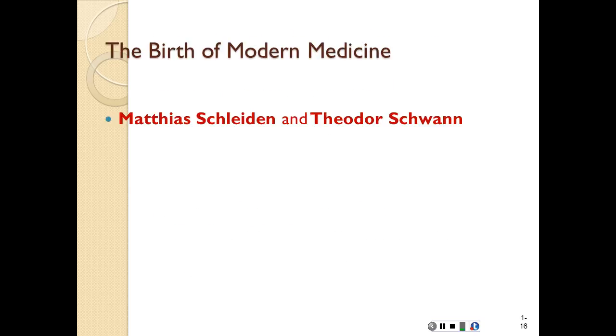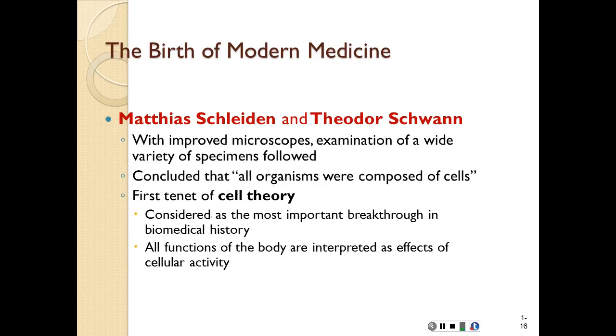We have Schleiden and Schwann. They also helped improve the microscopes and the examination. They helped with ensuring that we had a wide variety of specimens that could be examined, and to conclude that all organisms were composed of cells.